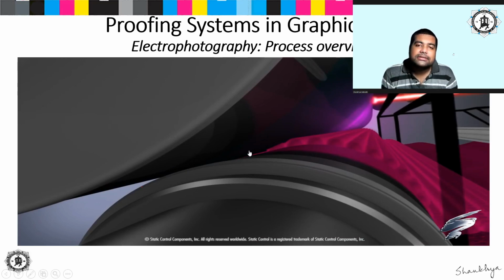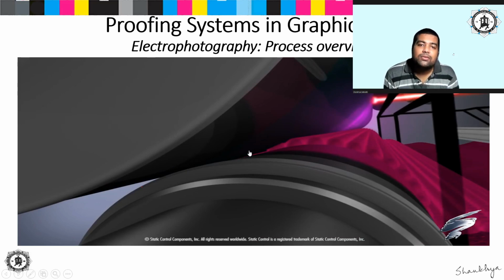But as the laser is exposing the image areas, those areas become positive with respect to the negative areas that were earlier there on the drum. Now the toner particles, because of the charges generated due to triboelectricity, develop a negative charge.